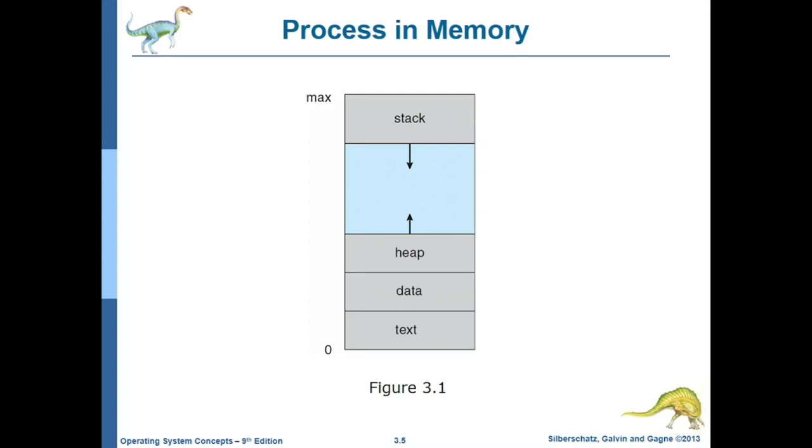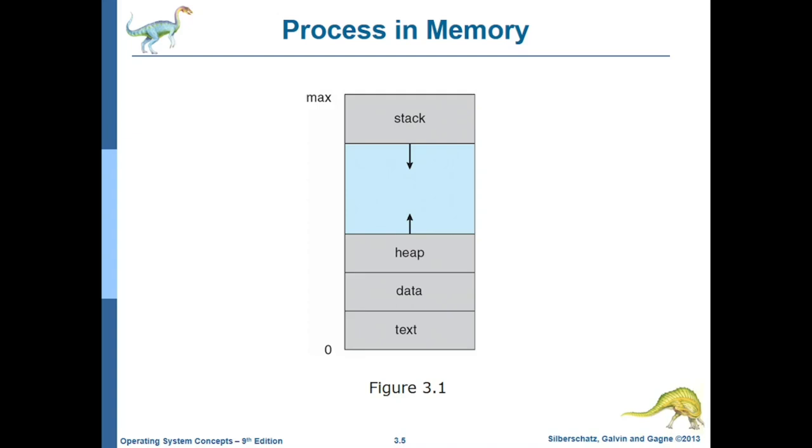The stack grows and shrinks dynamically as functions are called and returned. The heap segment is used for dynamic memory allocation. The heap can grow and shrink as the process requests and releases memory. The heap is usually located between the stack and the data segment.